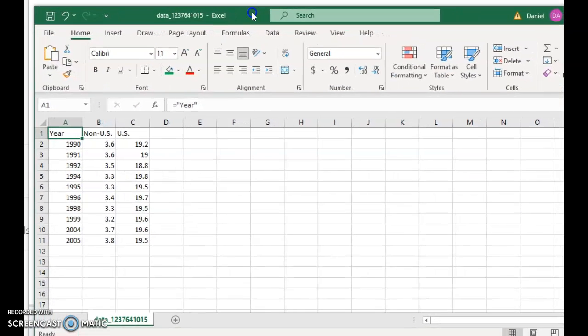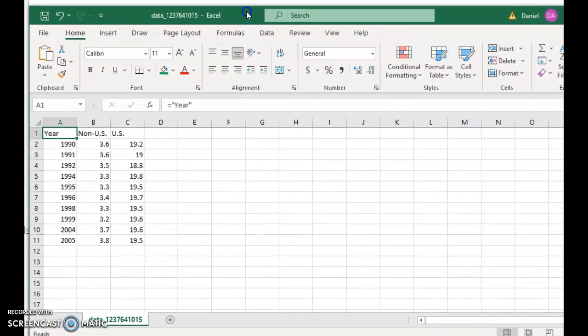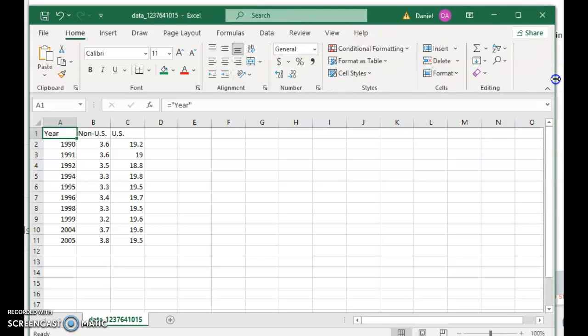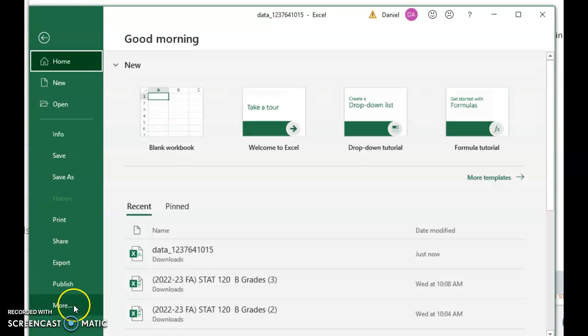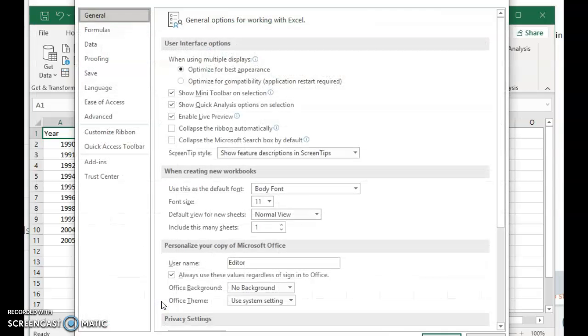If you don't have Excel already loaded on your calculator or on your computer, I'd go ahead and do that. It's free for all JMU students. Just type in JMU software. Once you get that, you're going to go to Data and Data Analysis. If you don't see Data Analysis as an option, you're going to go through File, Options, Add-ins.